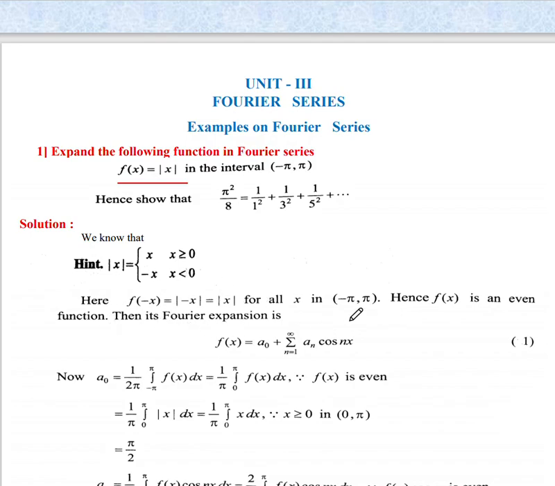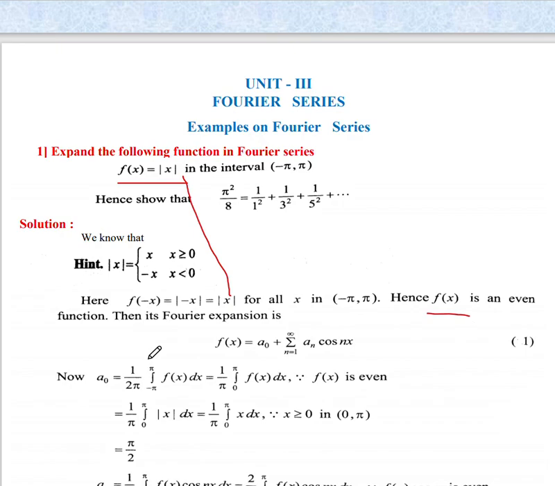So f of minus x is again mod of x, and hence we can say that f of x and f of minus x are equal, and hence the given function f of x is an even function.